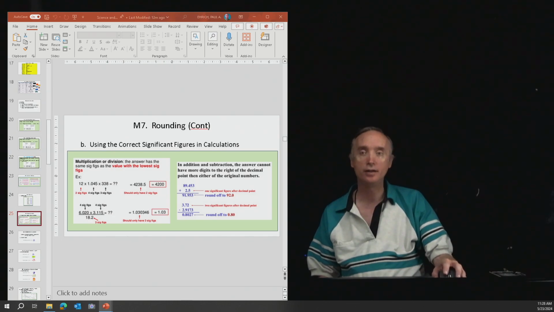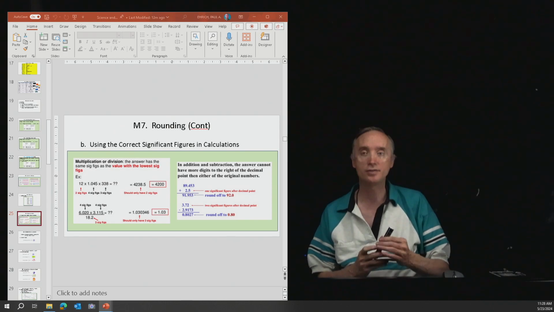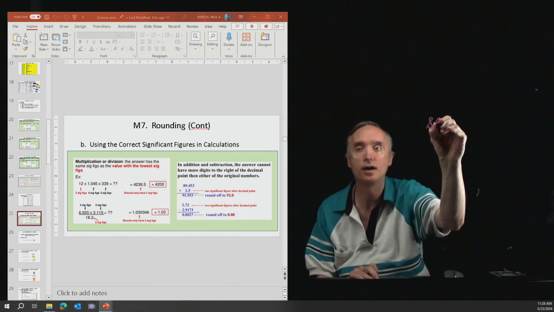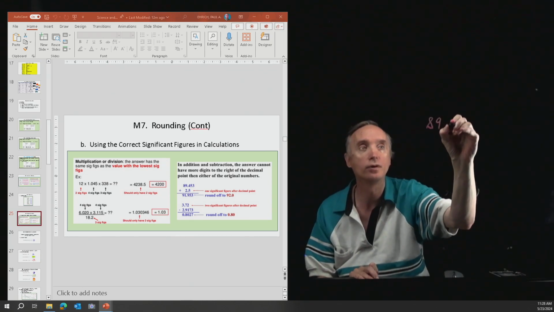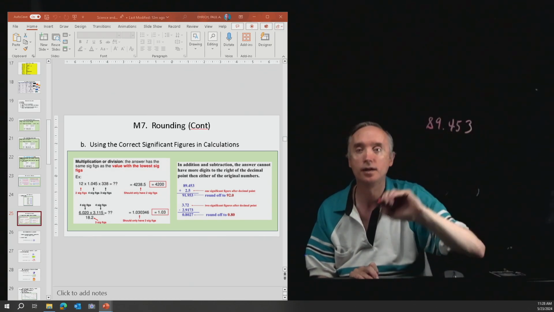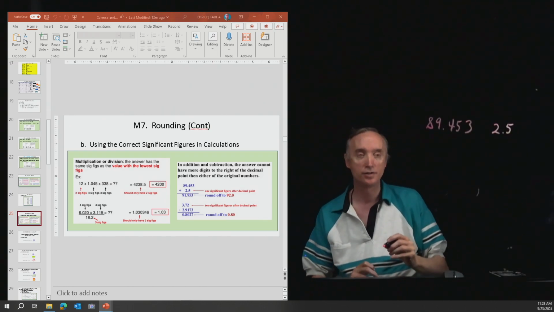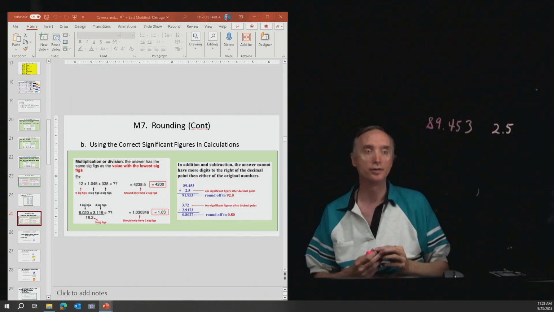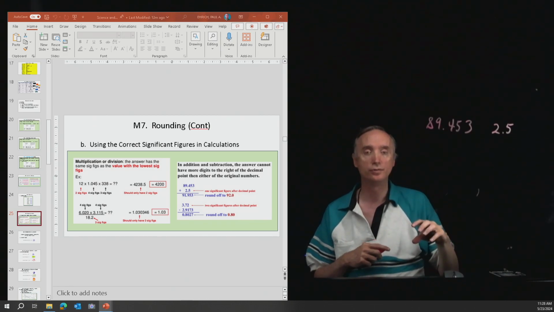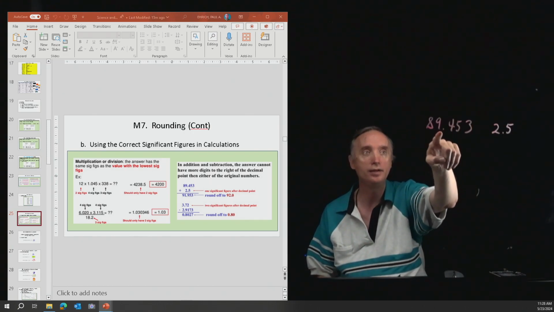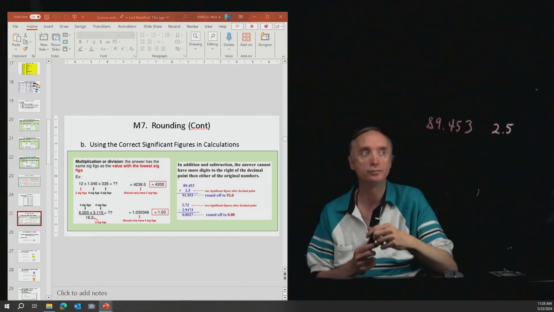Okay, now what about if it's addition and subtraction? So in the case that you got there, you're going to take 89.453, and then you need to add it to 2.5. So it's going to be a little bit different than when you do it with multiplication. So we're going to line up the 2.5 with the 89.453.